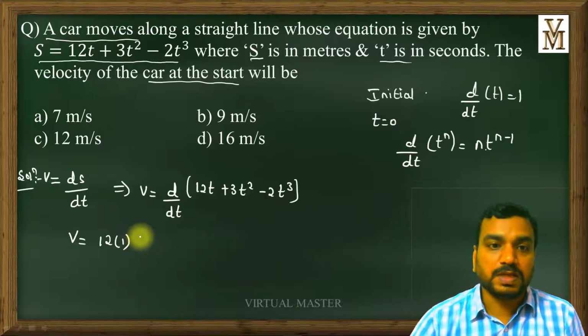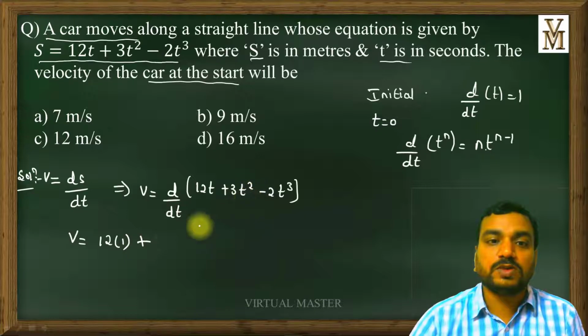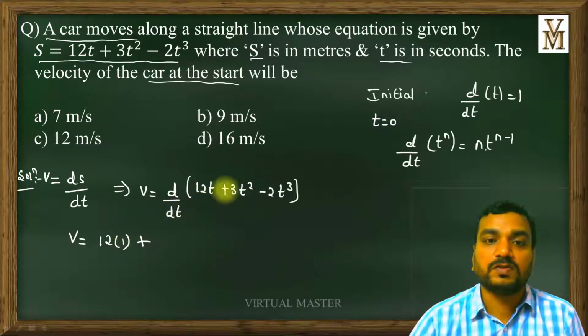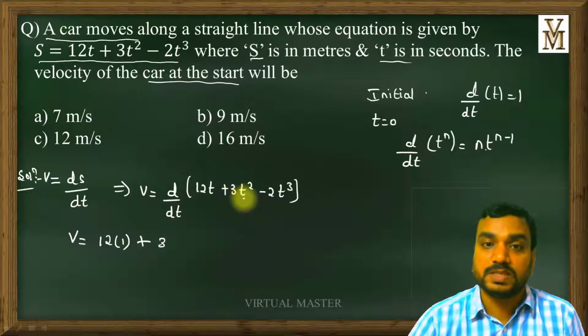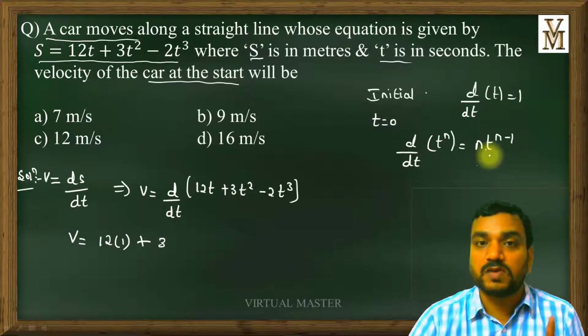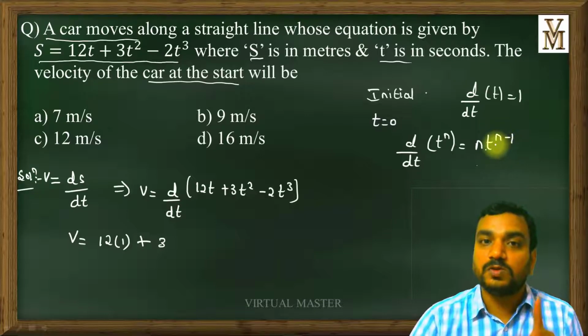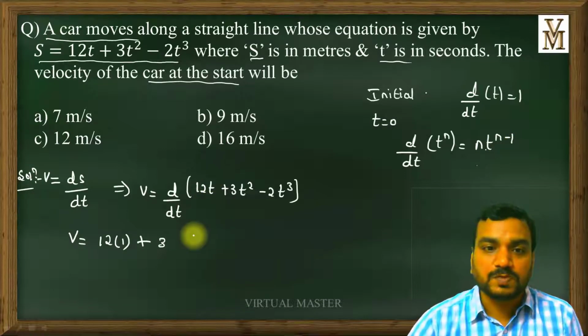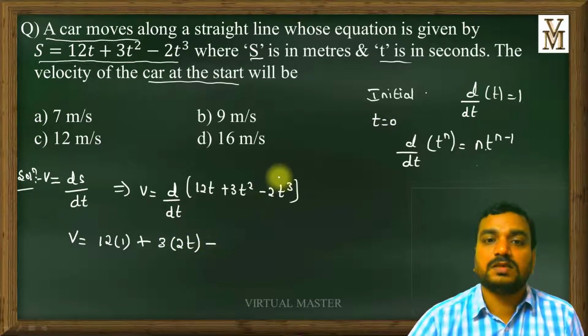Okay. Plus 3 into t square. Sorry, differentiation of 3t square. 3 is a constant and differentiation of t square is 2 into t to the power of 1, because n is equals to 2, right? 2 into t to the power of 2 minus 1 will be equals to 2 into t to the power of 1. So I am writing directly minus.